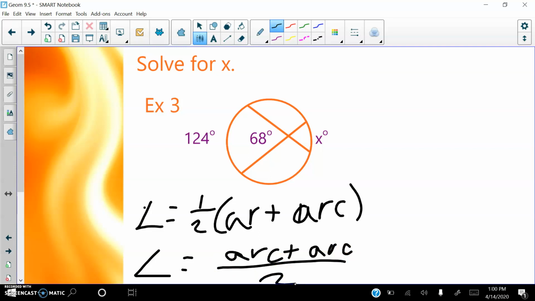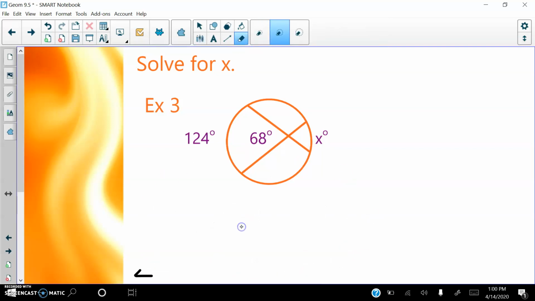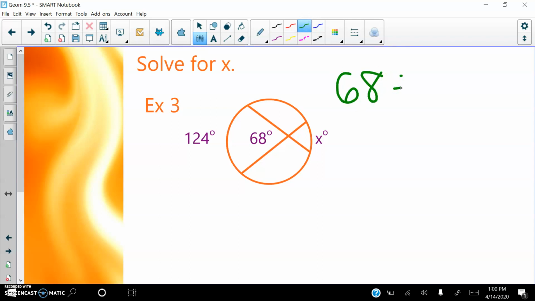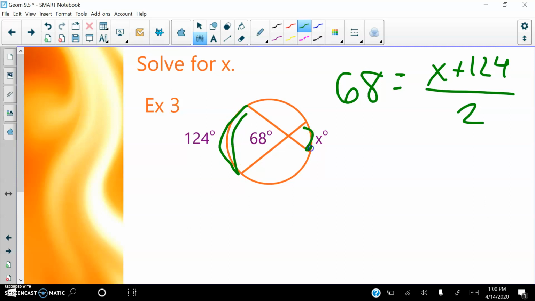So I'll keep that in mind for a second. When I set this up, I'm going to have 68 equal to (x plus 124) divided by 2, because I'm taking the average of these two arcs, and it should give me this 68 degrees right here.